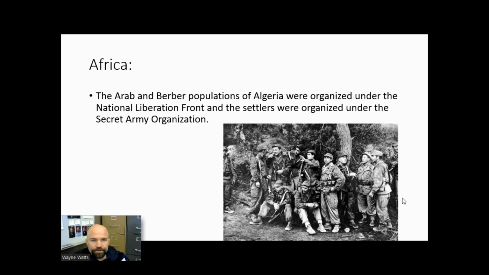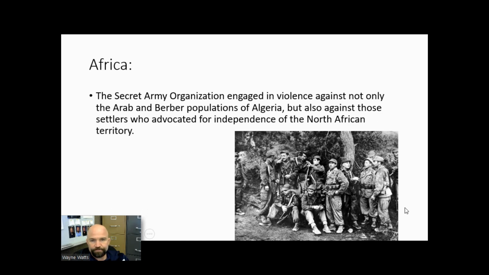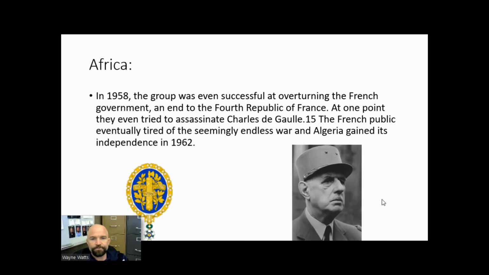The Arab and Berber populations of Algeria were organized under the National Liberation Front, and the settlers were organized under the Secret Army Organization. The Secret Army Organization engaged in violence not only against the Arab and Berber populations of Algeria, but also against those settlers who advocated for independence of the North African territory.